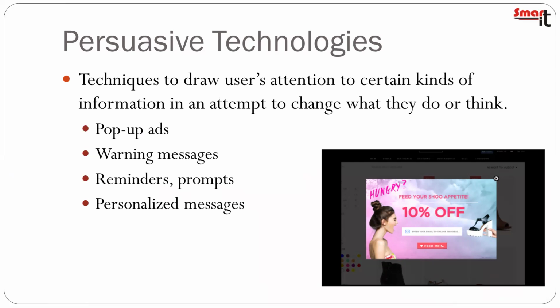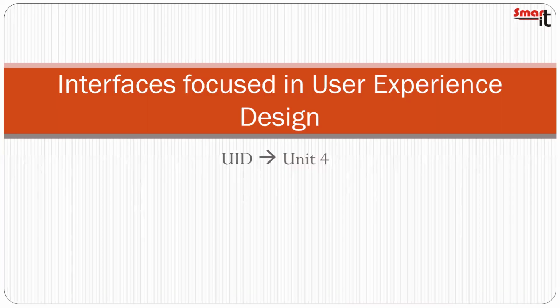From personalized messages, attention is also captured. If it comes with our own name when we visit a website, there is a personal message for ourselves, like this is about you. Using attention-grabbing techniques, we call them persuasive technologies.